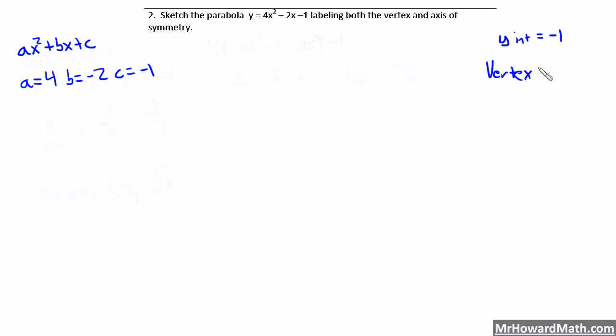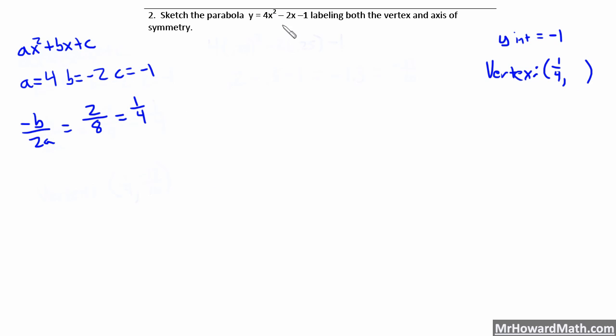To find our vertex, we're going to use the fact that the x-coordinate of our vertex is -b over 2a. Our b value is -2, so negative of -2 is +2, over 2 times our a value. 2 times 4 is 8, which reduces to 1/4. So our vertex is 1/4 comma something, so we have to find that something.